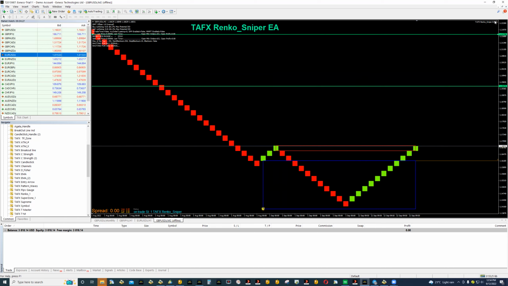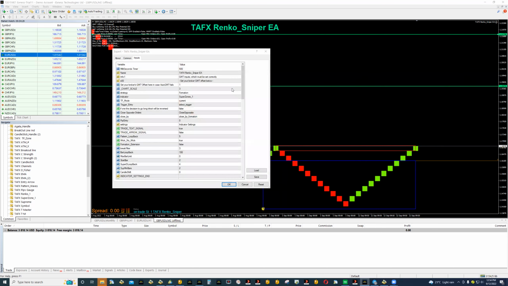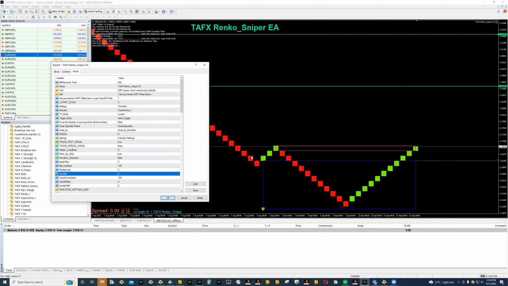So the best setting of strategy 1 is to make sure that the loop back is 100, and the sub-D loop back is also 100. All right. Then from there, the start bar is what now matters. Let's say my start bar here, there was a small loss here, but there was a recovery here.